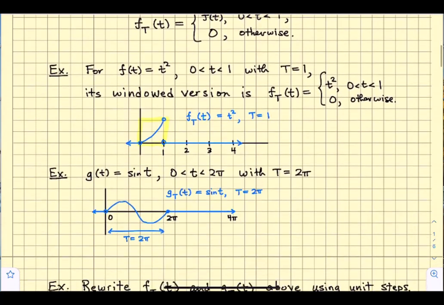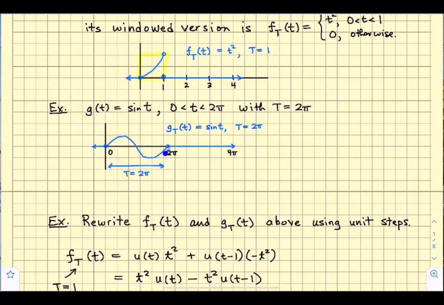So when we do the windowed version, we get the one cycle of the sine curve on the interval from 0 to 2 pi, but outside of that, we want the function to be identically 0. So we would take the function that is sine t on 0 to 2 pi, and then outside of that interval, it would be the function that's 0.